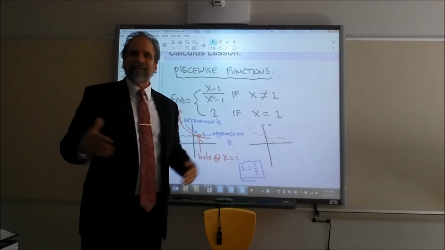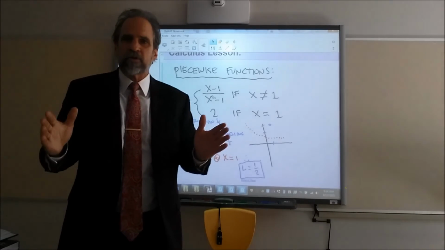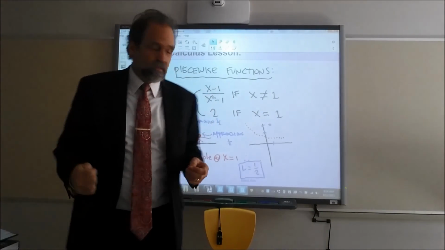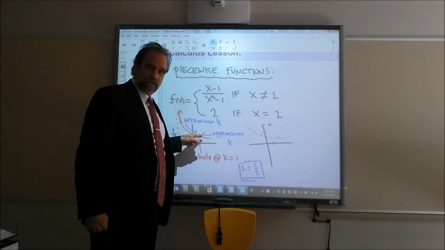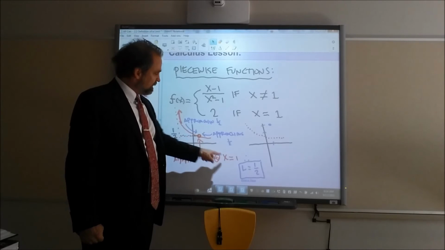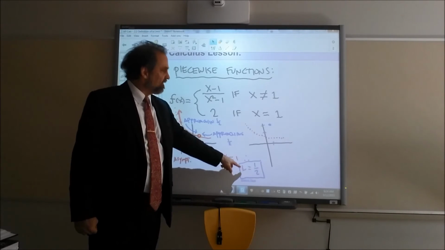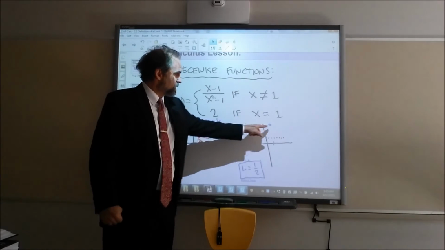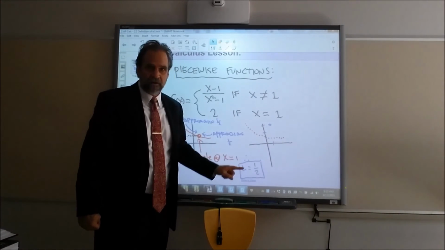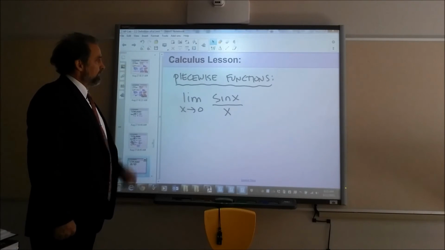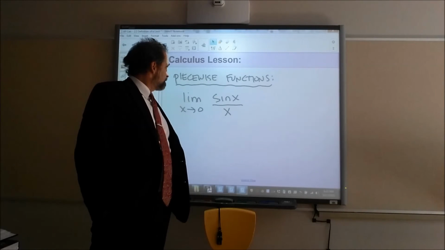So that jump isn't expressed as an approaching value. That jump seems to come out of nowhere, where I would expect that output to be 1/2. That's what I would expect, and that's why the limit is 1/2 and not 1, or 2, I should say. Okay? Very important, very important. All right, now, limit of sine.